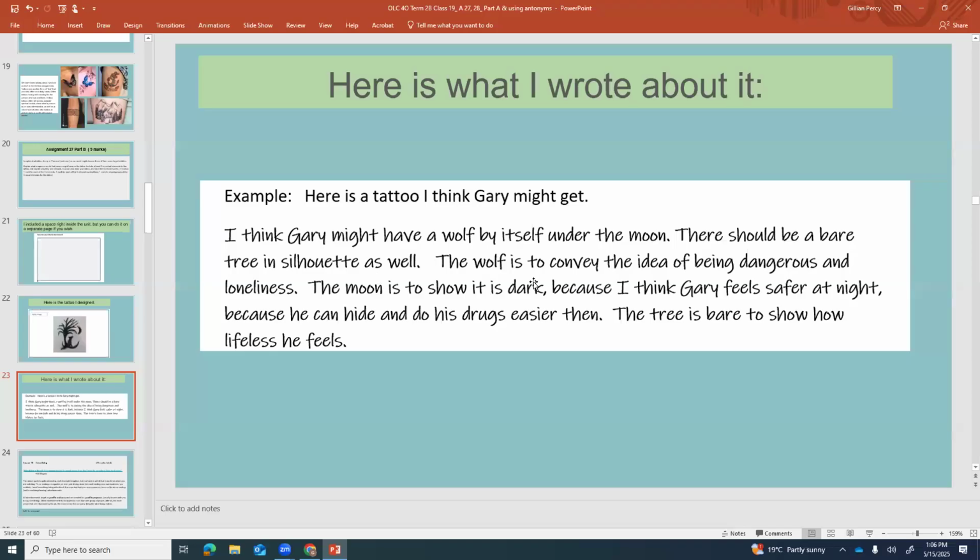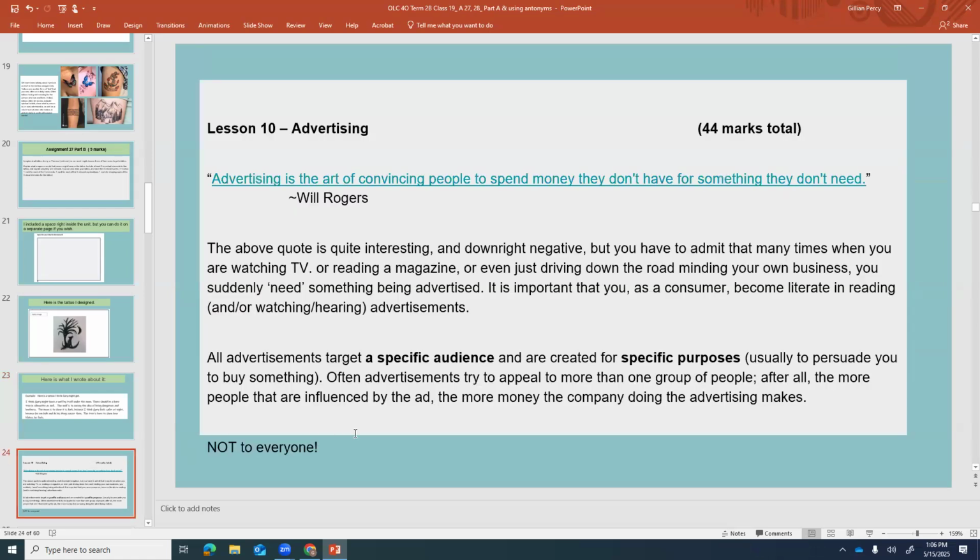The moon is to show it as dark because I think Gary feels safer at night because he can hide and do his drugs easier then. And the tree is bare to show how lifeless he feels. Okay, so 3 pictures or 3 parts, 3 visual parts, 3 sort of labels for what they are, and then 3 explanations for 9 marks.